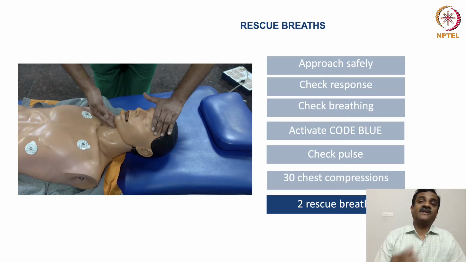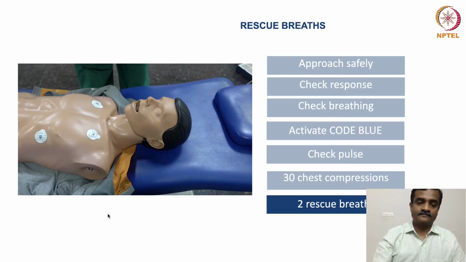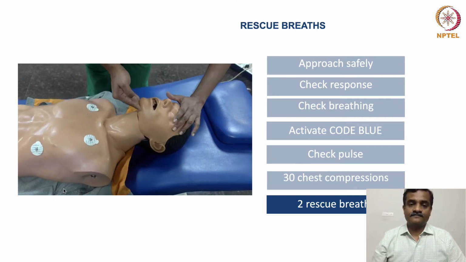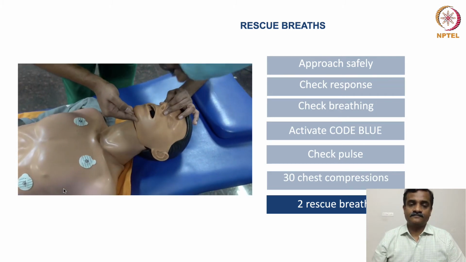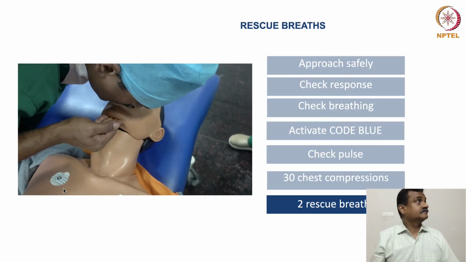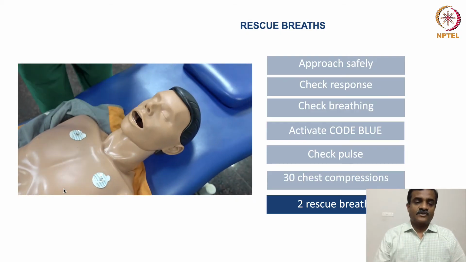So when you're doing this, we need to open up the airway. The best way to open up the airway is to tilt the forehead and lift the chin. Head tilt, chin lift, pinch the nose and breathe. So we saw effectively how the head was tilted on the forehead, not on the scalp, on the forehead.